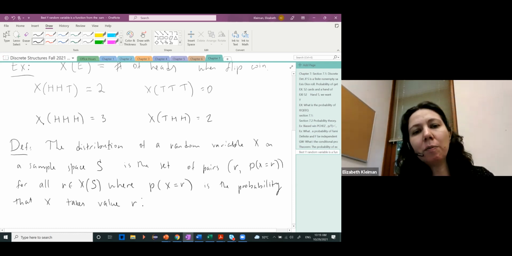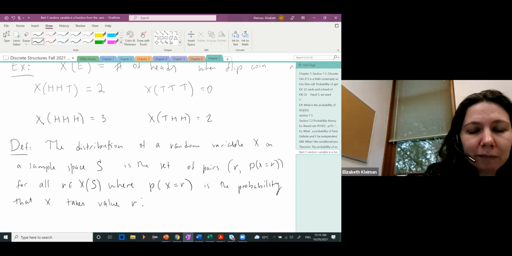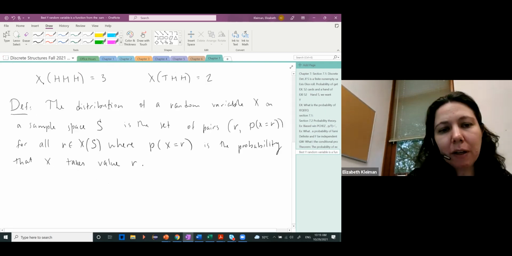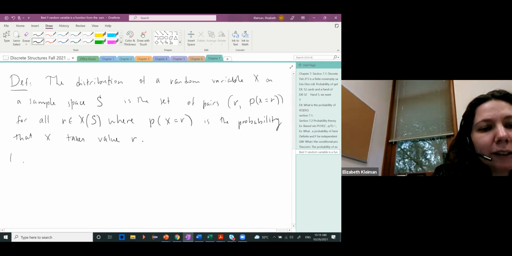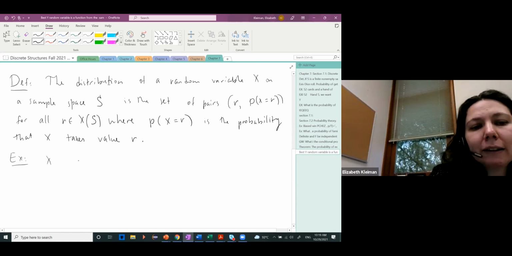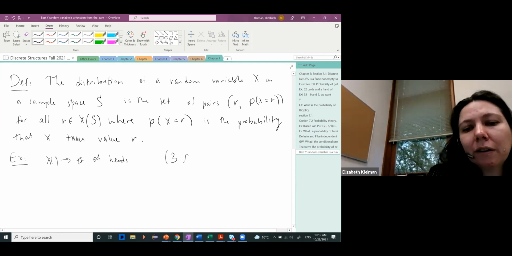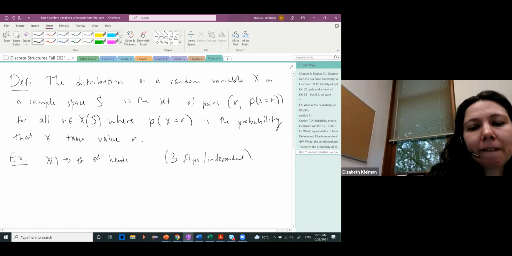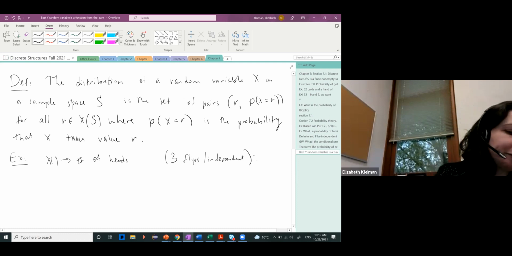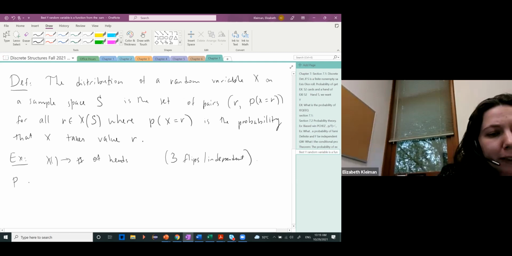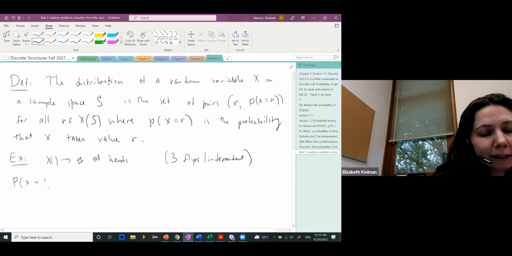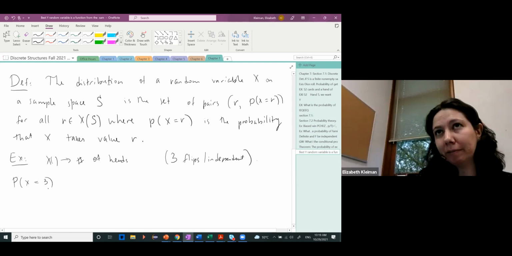So let's go back to my exercise on top and my random variable. Still the same example, X is the number of heads, and we're still doing 3 flips. They are independent. What is the probability of X taking value 3?